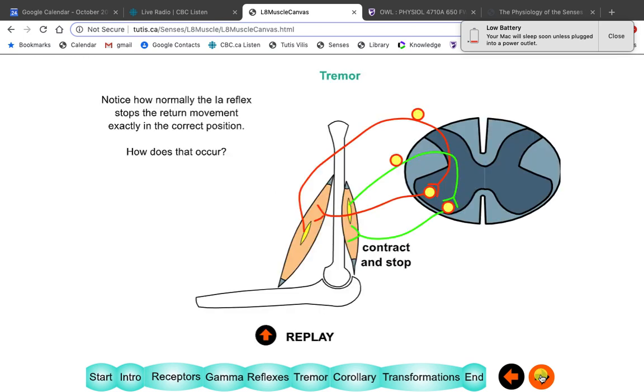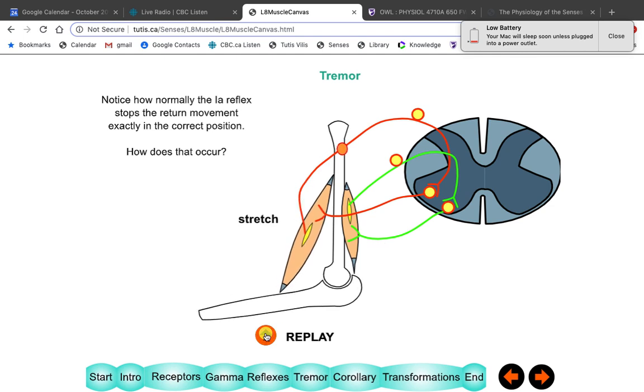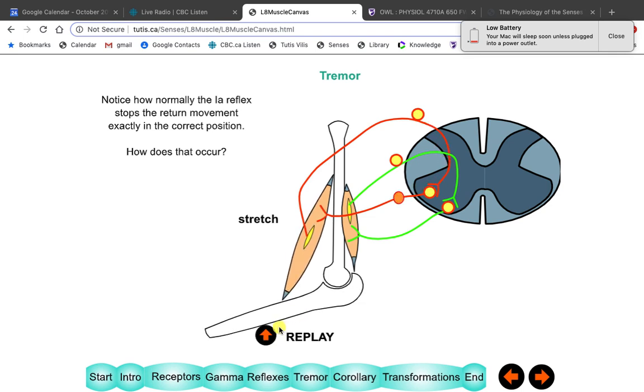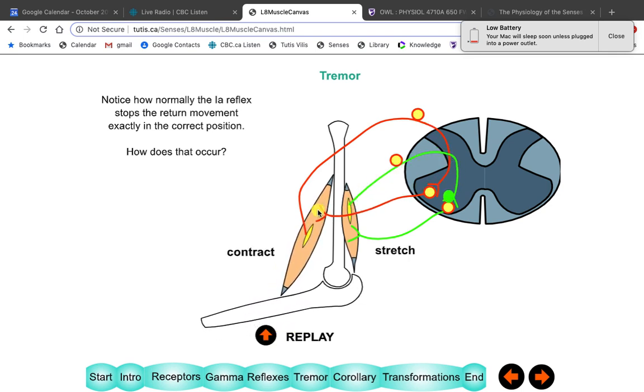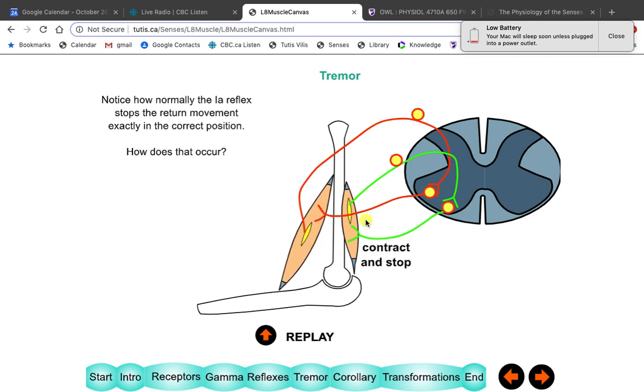Now, normally, when something stretches your muscle, you get activity, and this produces a contraction which moves your muscle left. But as you're doing it, you're stretching the triceps, the muscles on the opposite side. Let's watch that again.